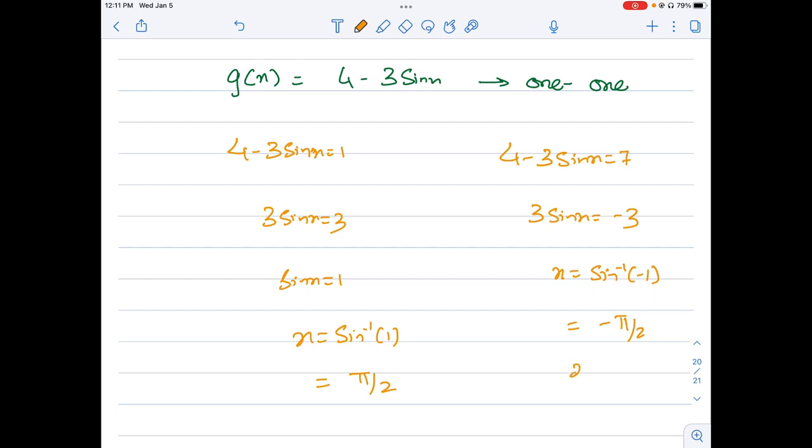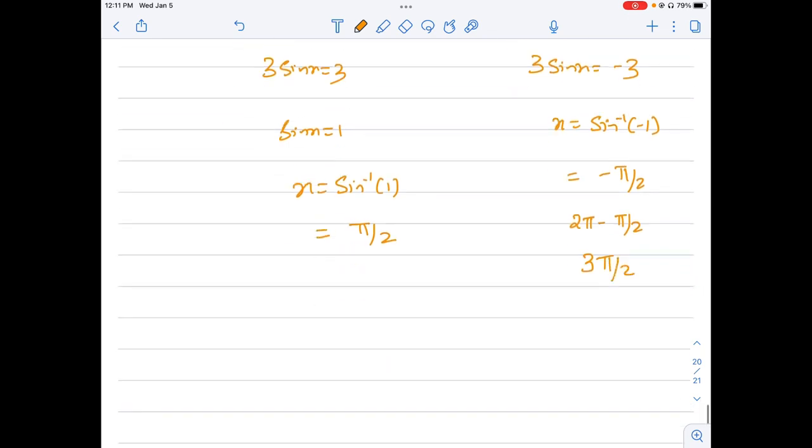So what am I going to do? 2 pi minus pi by 2, which is 3 pi by 2. So between pi by 2 and 3 pi by 2, it's going to be a one-to-one function. So a value is 3 pi upon 2.